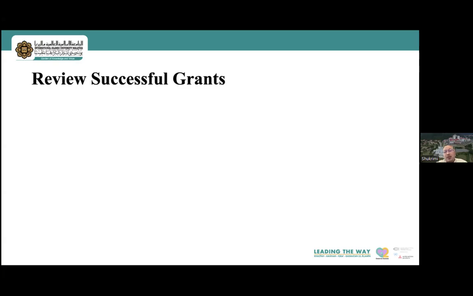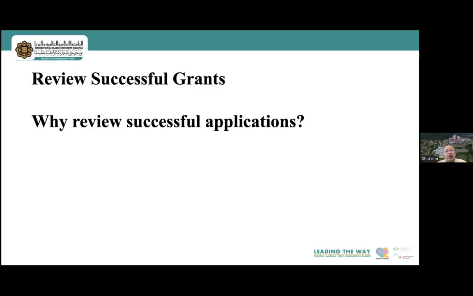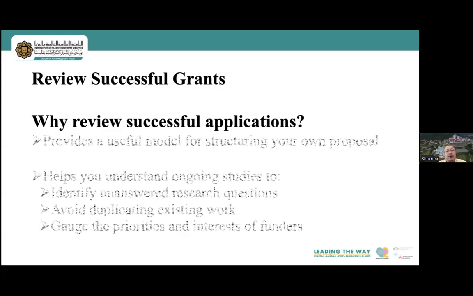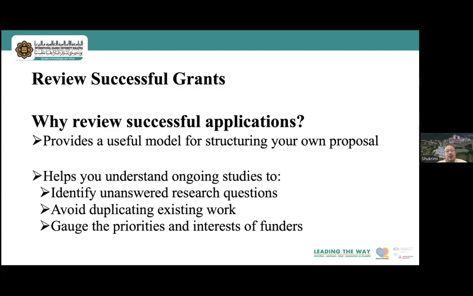This is important also. If we can have an idea what research was done before while reviewing successful grants, it's better that we review the grants before, to provide the idea so that we don't repeat the same thing. We have to understand what ongoing studies are, and identify unanswered research questions.